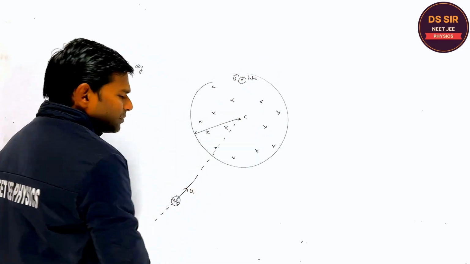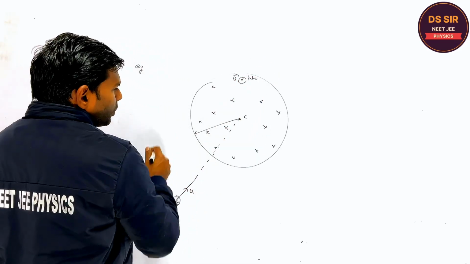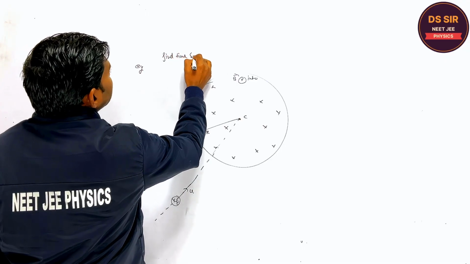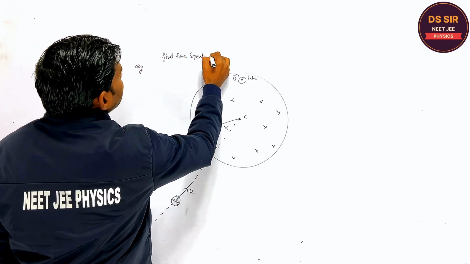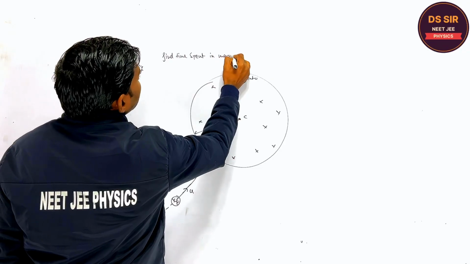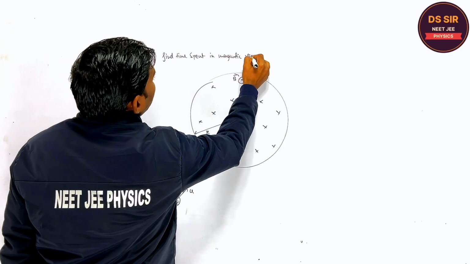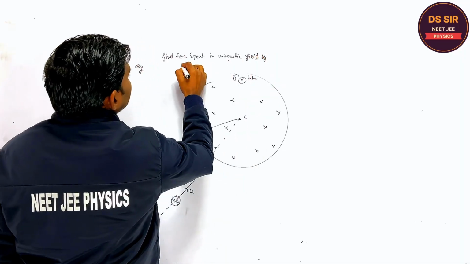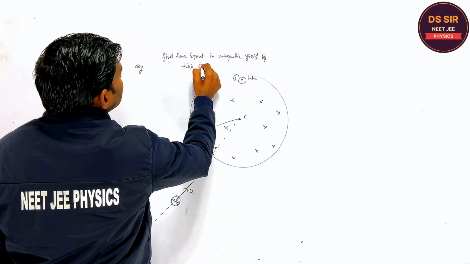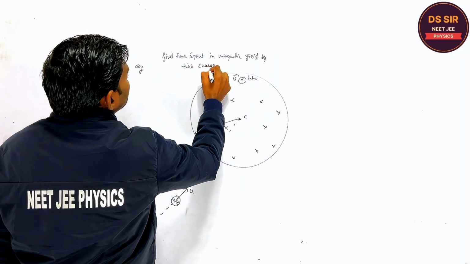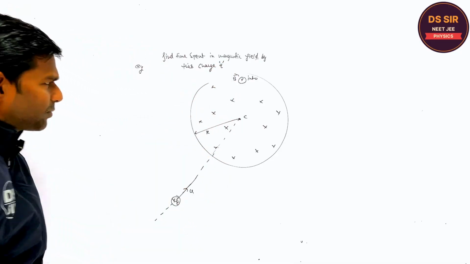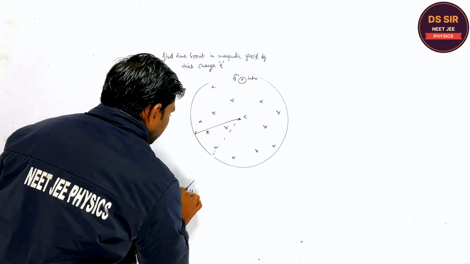So you have to find the time spent in the magnetic field by this charged particle Q. Copy this and try.